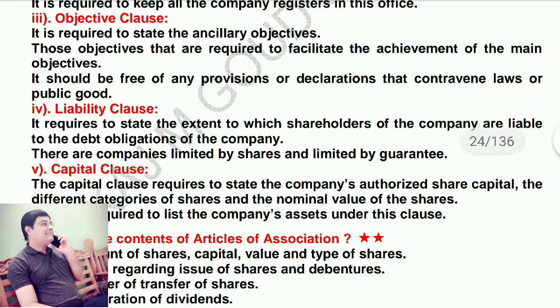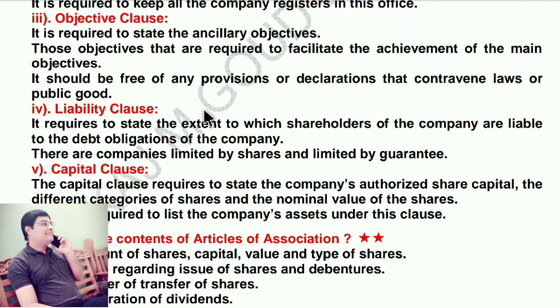Next one, objective clause. It is required to state the ancillary objectives, those objectives that are required to facilitate the achievement of the main objectives. It should be free of any provisions or declaration that contravene law or public good.